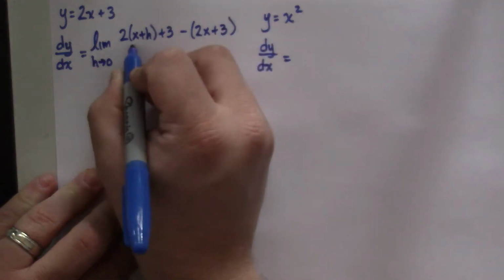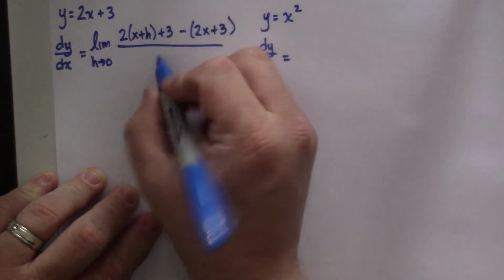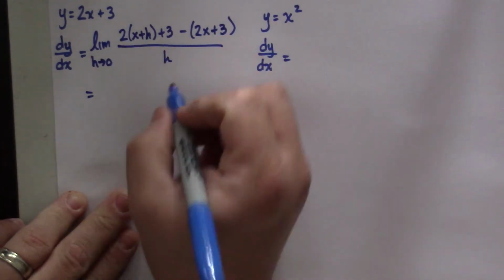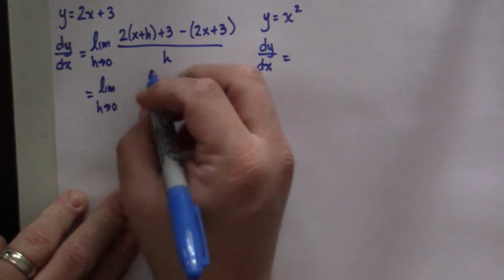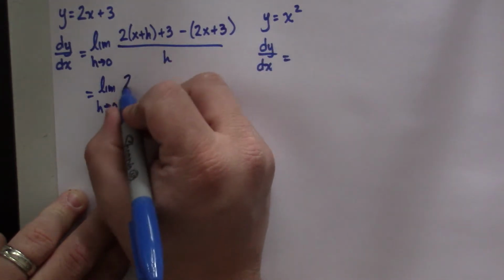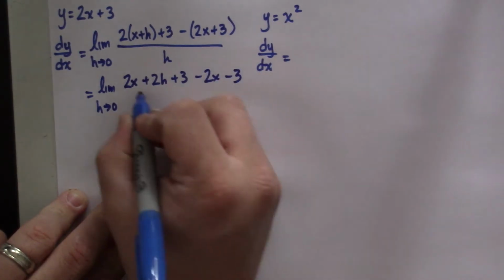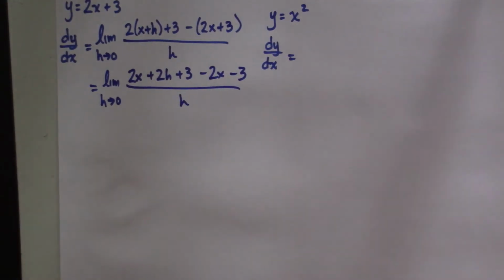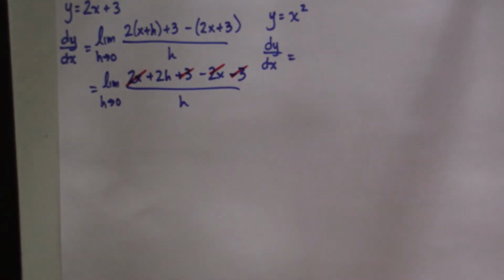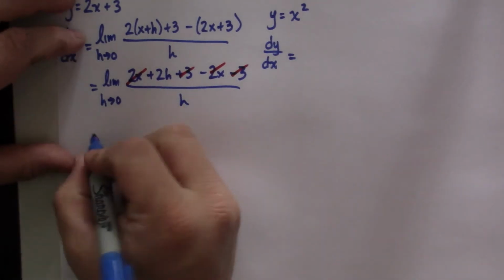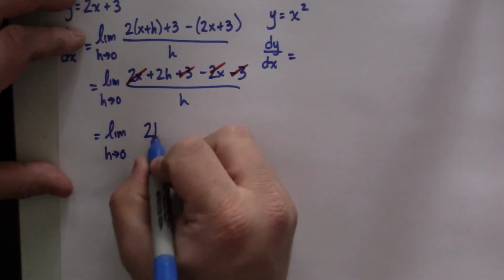2x plus 3. I actually did this in this exact equation in our derivative as an operator video, and that's all over h. Well, distributing out that 2, and distributing this subtraction through, I've got 2x plus 2h plus 3 minus 2x minus 3, all of that over h, and we're going to play the what cancels game, so 2x and negative 2x, 3 and negative 3 cancel, and I am left with the limit as h goes to 0 of 2h over h.